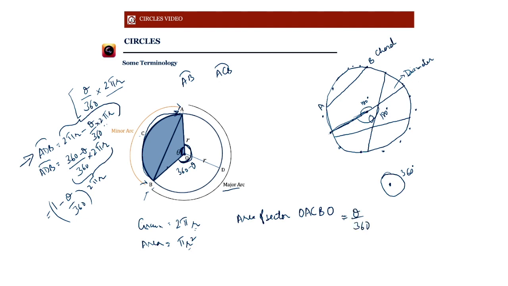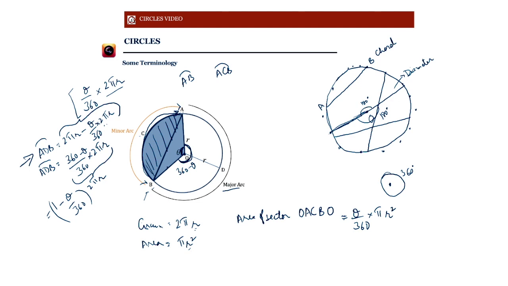That is, it is again a fraction of the entire area of the circle. And what fraction is it? It is theta upon 360th of the entire area of the circle. And the area of the circle we know is pi r squared. So the area of this sector OACBO is going to be theta upon 360 into pi r squared, the entire blue shaded area.